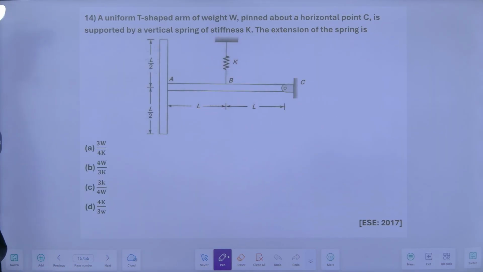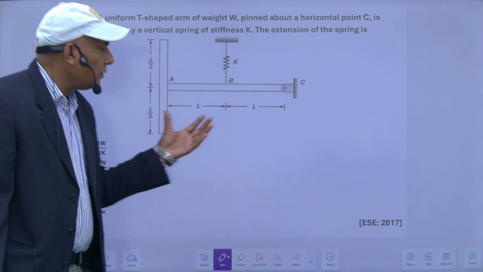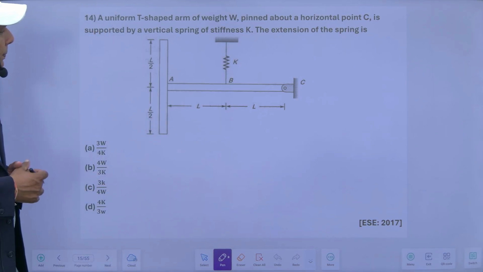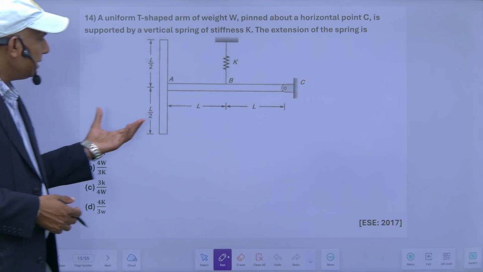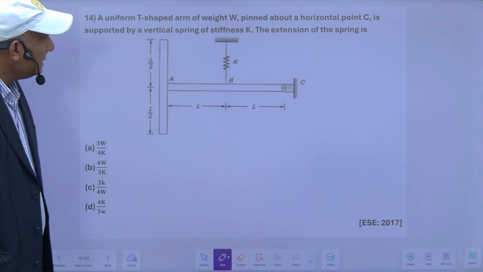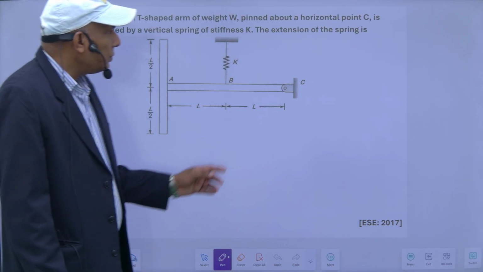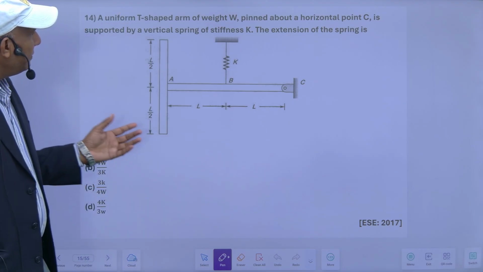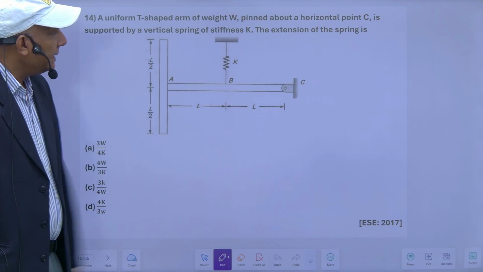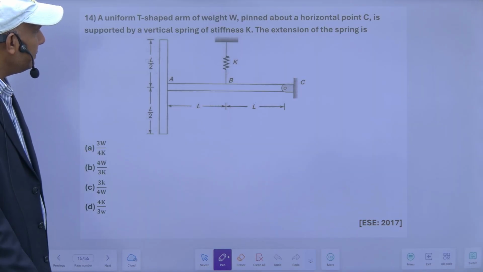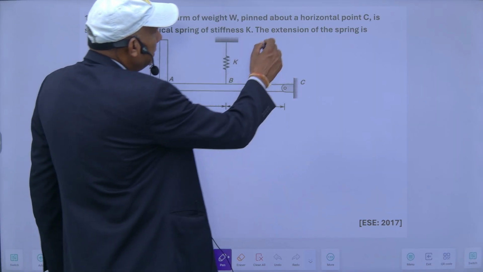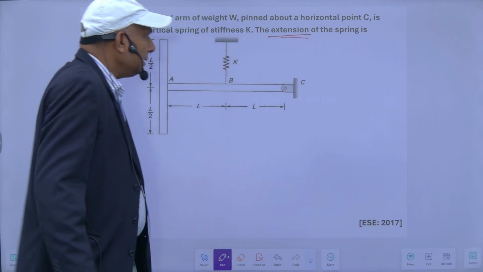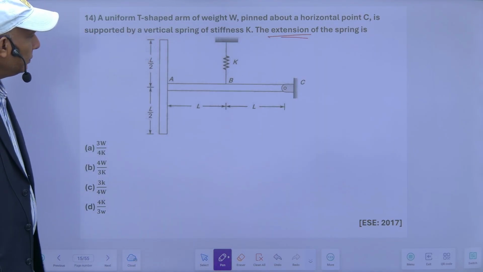Here is a uniform T-shaped arm of weight W, pinned about a horizontal shaft at pinned point C and supported by a vertical spring of stiffness K. The extension of the spring is what I have to find.